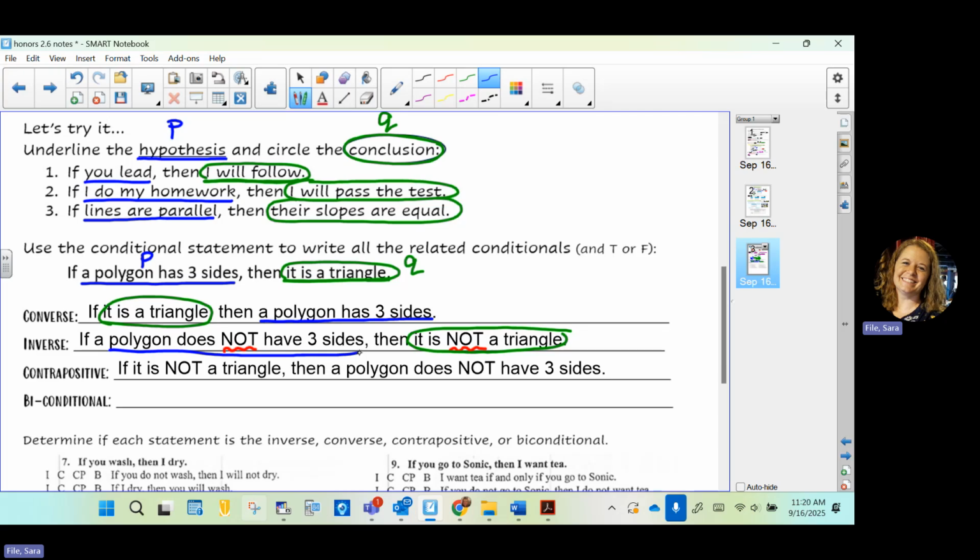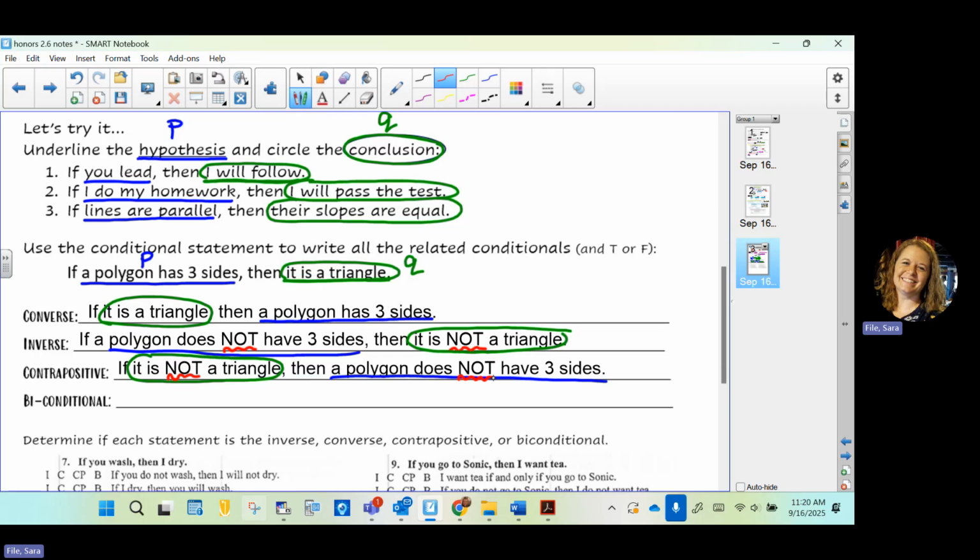And then in the contrapositive, I switched the order. So I put the triangle at the beginning and the 3 sides at the end, and I negated. Are you understanding the difference? So you're just rearranging your statements to create these related conditionals.